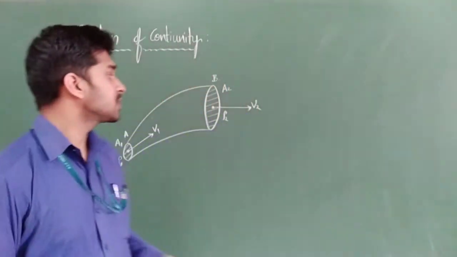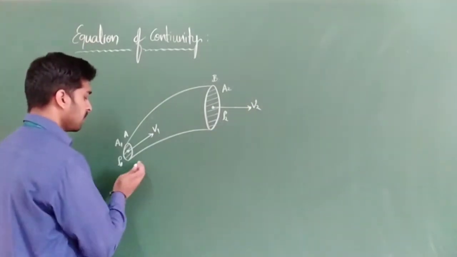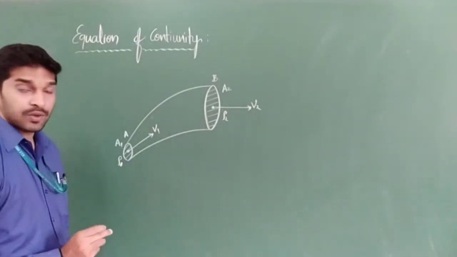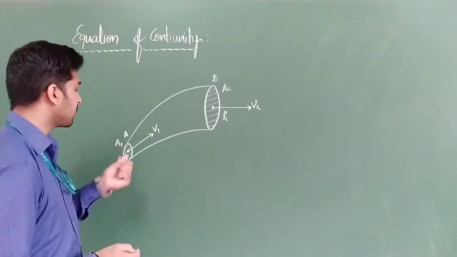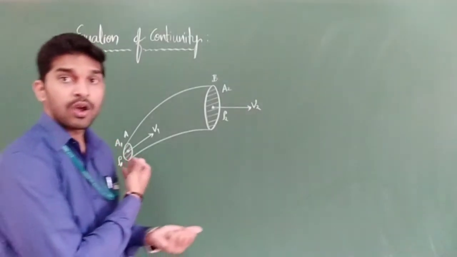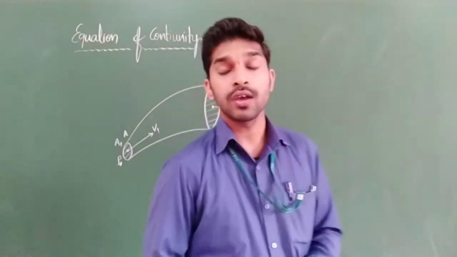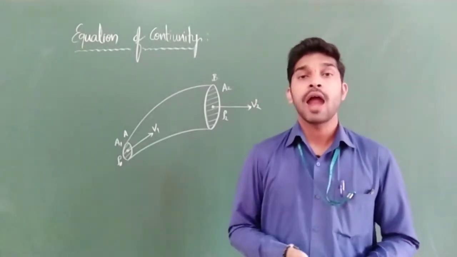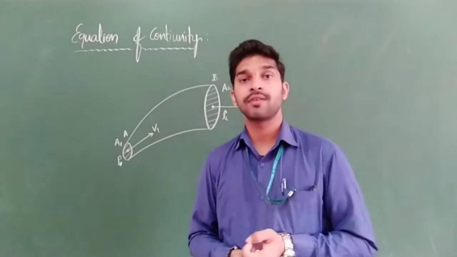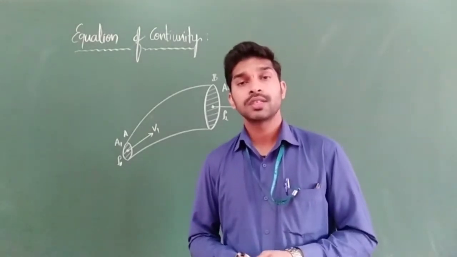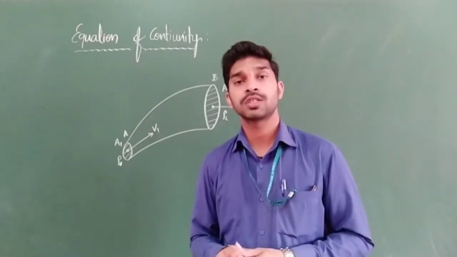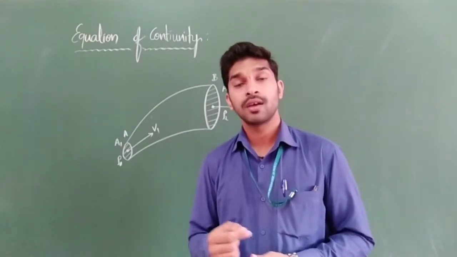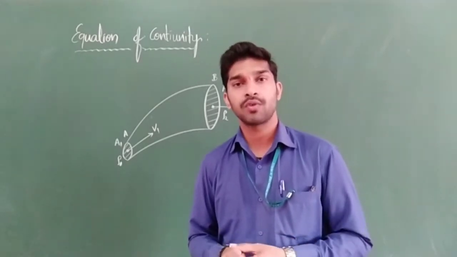So now we are going to discuss the equation of continuity. At the point A, or at end A, where the cross-sectional area is A1, we are dealing with how much distance the fluid particle will cover in a small interval of time.